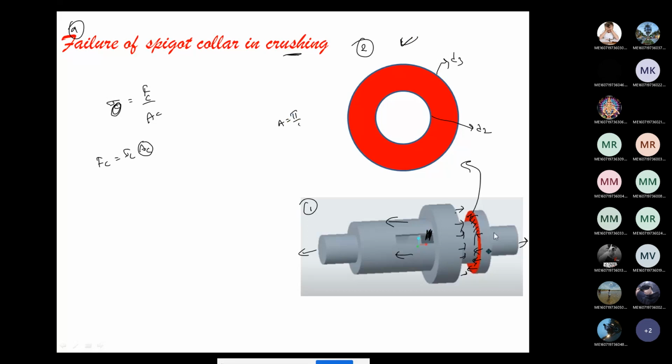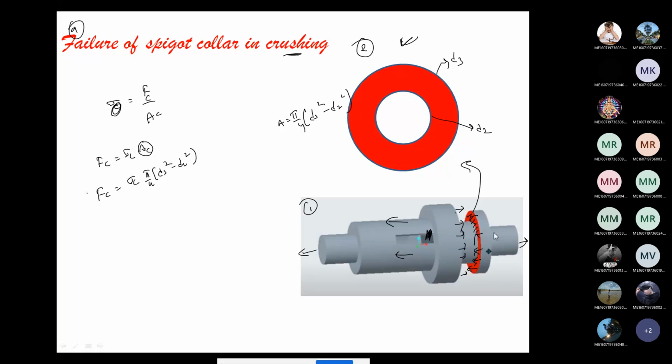So that is pi by 4 into d3 square minus d2 square, because it's a hollow circle. So I'm writing Fc equals sigma c into pi by 4 into d3 square minus d2 square.